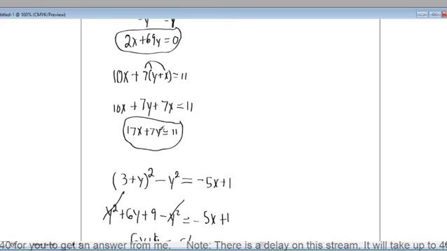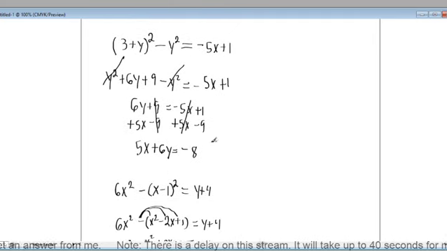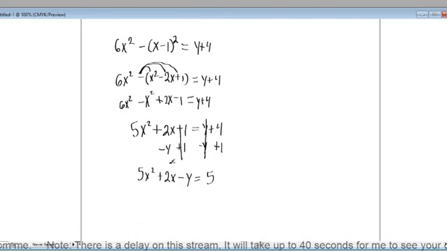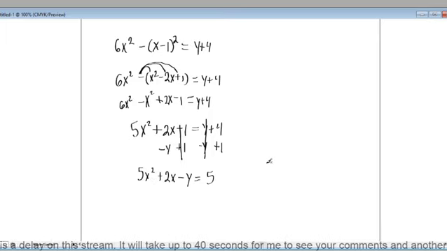Our powers are still just 1, so this is linear. This one, linear. Our powers are 1. This one, we have this tricky x squared here, so this is not linear. Again, keep that in mind because Hawks will ask you if it is a linear equation or not.